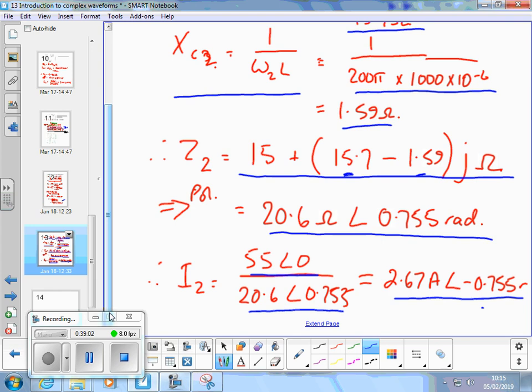Just look at those two reactances: if inductive reactance is bigger, the overall circuit is going to be inductive. If capacitive reactance is bigger, the overall circuit is going to be capacitive. And know what you expect in terms of a leading and lagging voltage or current. Alright?